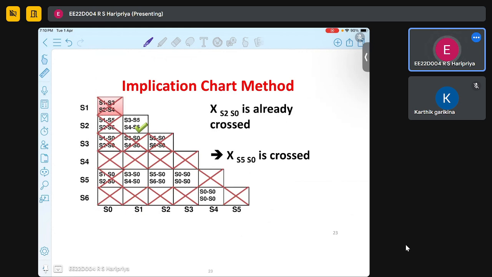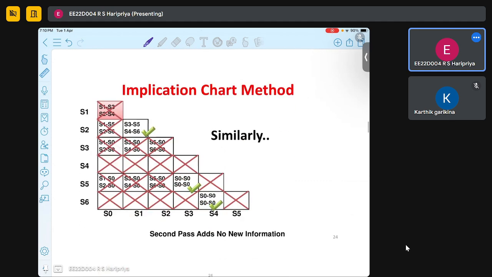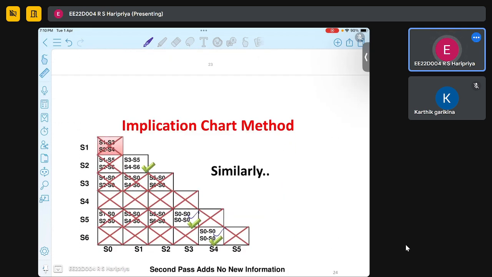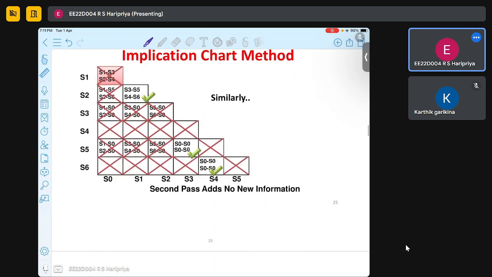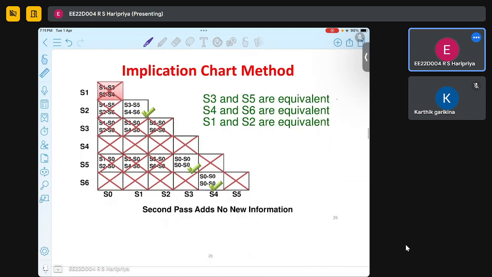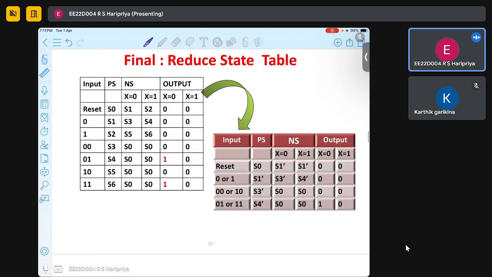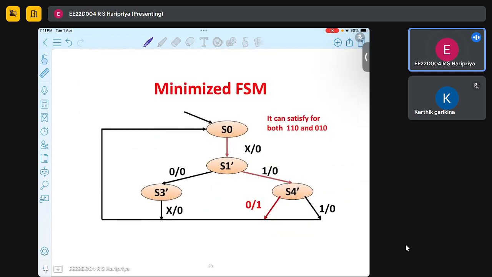These are not possible. So S1 and S0 not possible. So this is already S5 and S0. So this will be obtained. These 3 are equivalent. From this we obtain the reduced state table and the minimized FSM.